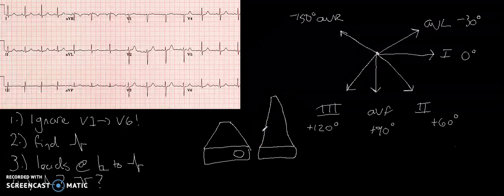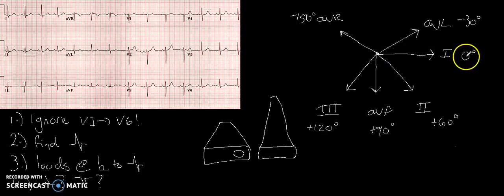And the same thing happens with your electrical vectors. As that electrical vector, the wave of depolarization, is coming towards the electrode, so this is the positive end of the electrode down here, this is the negative end, positive end, negative end. Let's just take lead 1 for example.